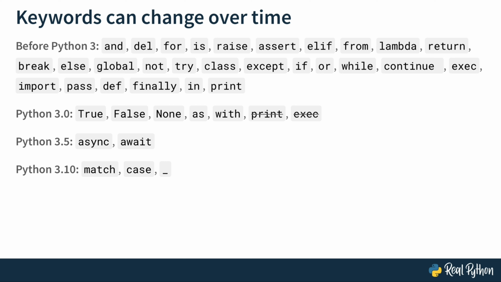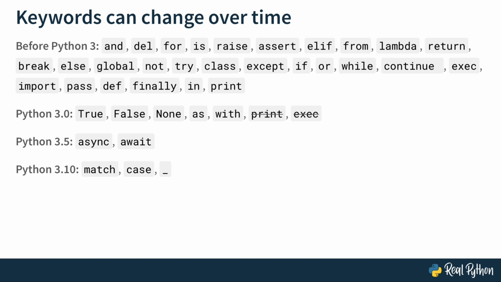So print and exec are not keywords anymore. Python 3.5 introduced async and await, and with Python 3.10, match, case, and underscore were introduced. However, not as keywords, but as soft keywords.